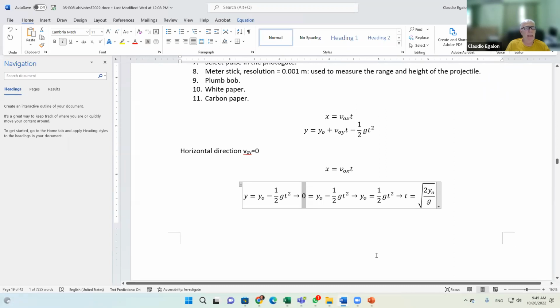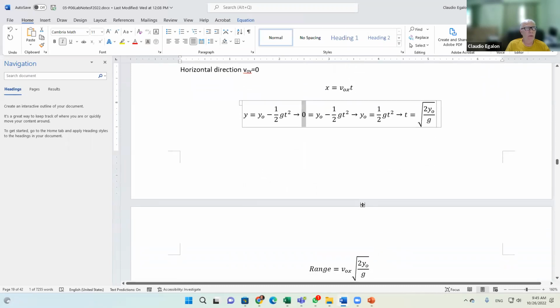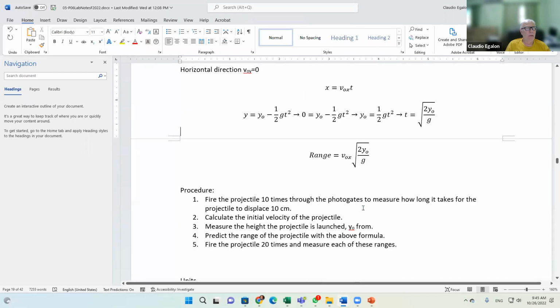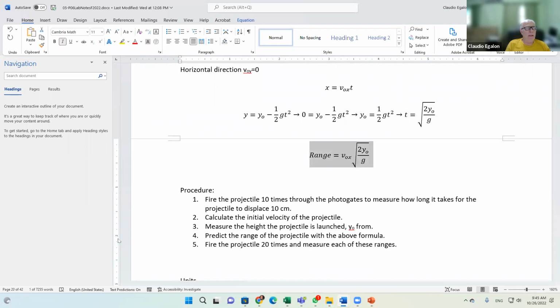That's the equation, and this result is substituted in this equation. Then I change it from x to range. The range of the projectile is given by this equation. That's the equation that we want to verify experimentally.